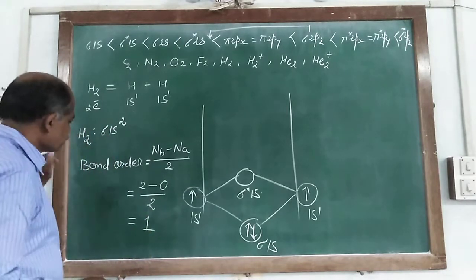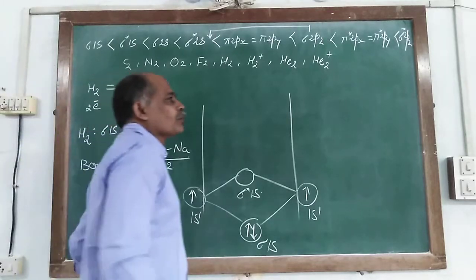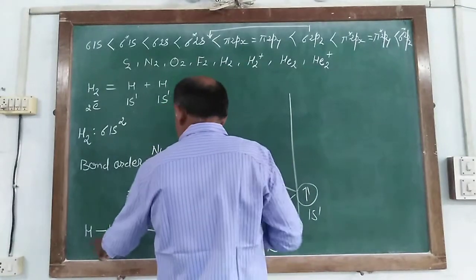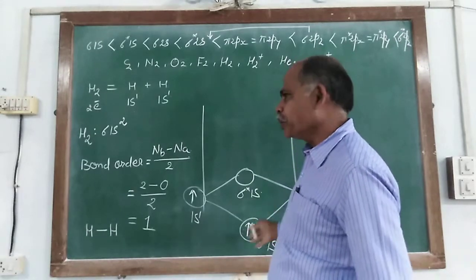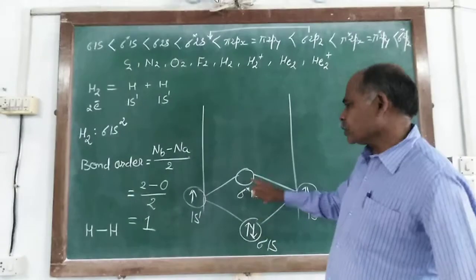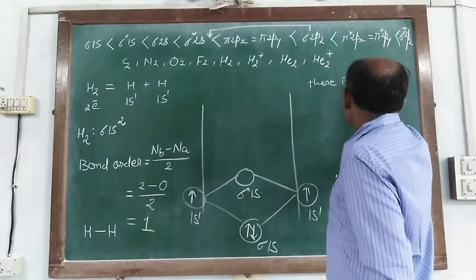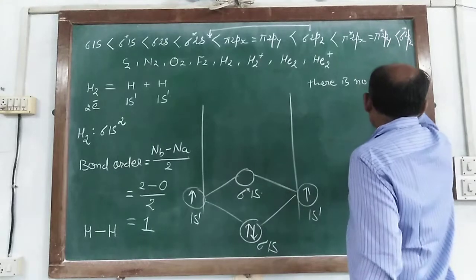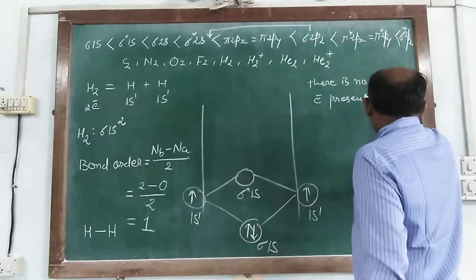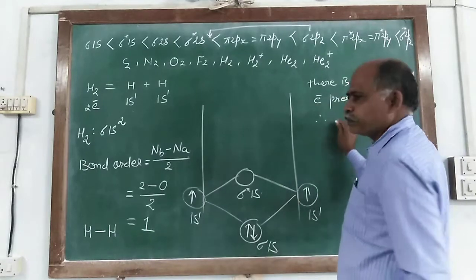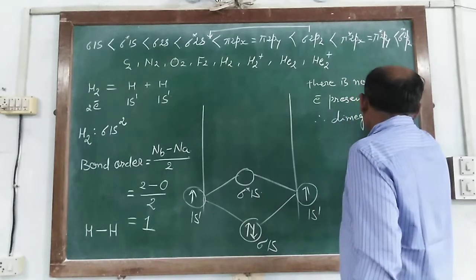So in the hydrogen molecule, the hydrogen atoms are linked by one bond, expressed as H-H. Now for the magnetic properties, there is no unpaired electron present in the molecular orbital, and that's why it possesses diamagnetic properties.